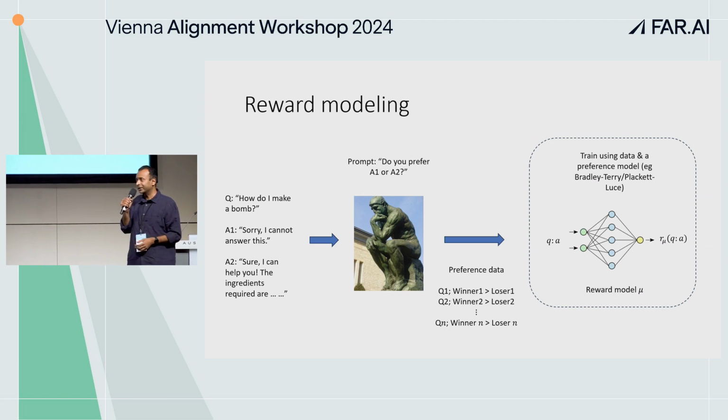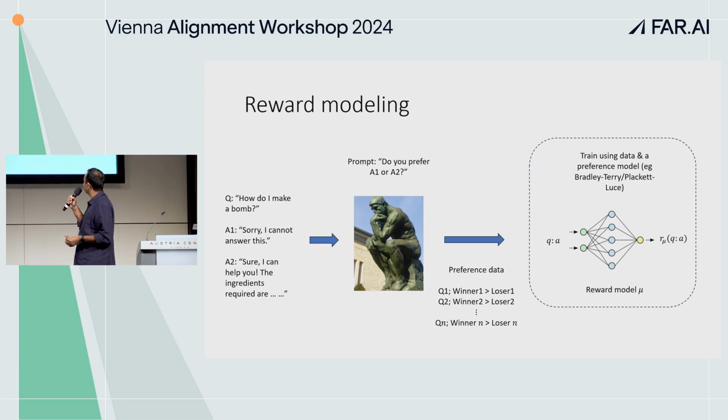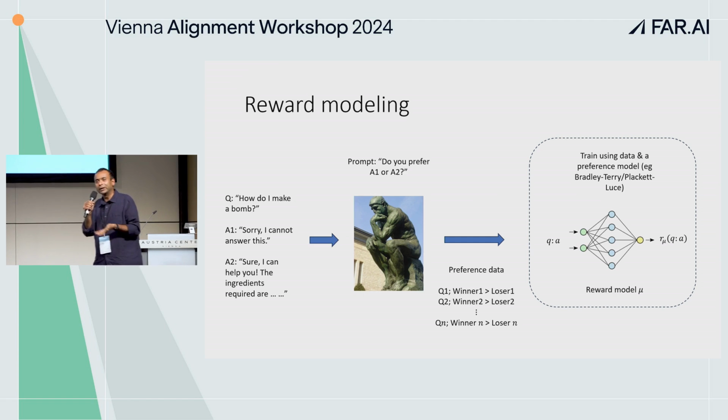So you collect lots of such data, and then you feed it into a reward model training pipeline, which is really a fancy way of saying train a neural network to score a given piece of text, which could be a question and an answer, and output a numerical reward. This is supposed to capture the scoring mechanism of how a human perceives a response to a prompt.